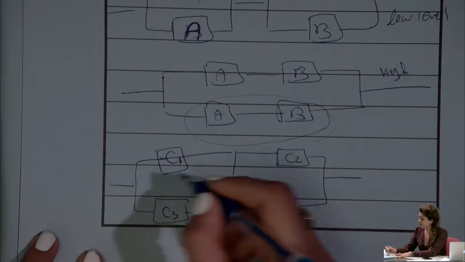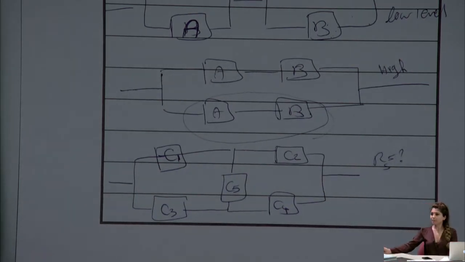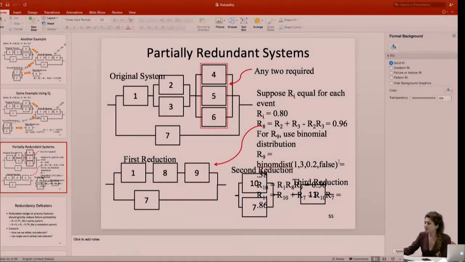If I ask you to calculate the reliability of this system, how would you go about this? Is this parallel? Is this series? How would you calculate its reliability? If I ask you, what is the chance that this system works? That's the meaning of reliability, right? How would you go about calculating the chances? You're seeing it here, right?